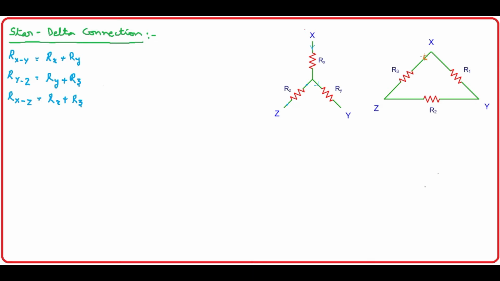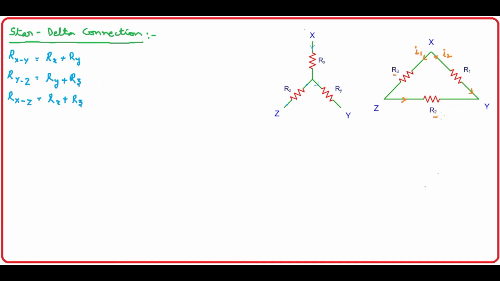Current is passing through R3 and then R2 and it is reaching Y. And there is one more connection, capital X to Y through R1. So one current is flowing through R3 and R2, let me call that current I1, and another current is flowing through R1, let me call it I2.